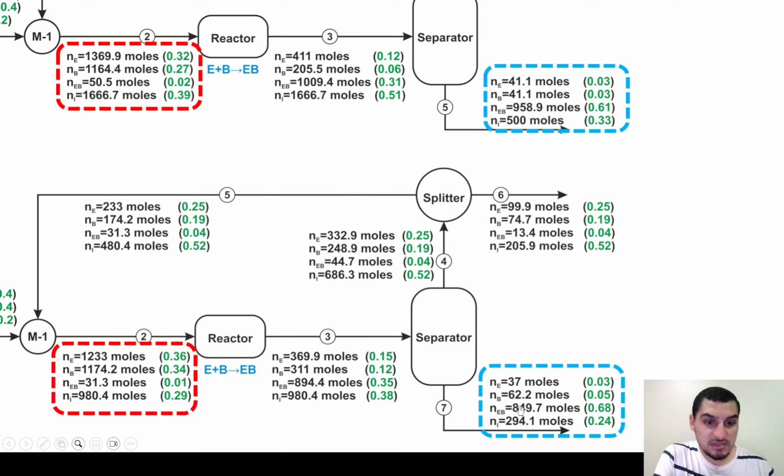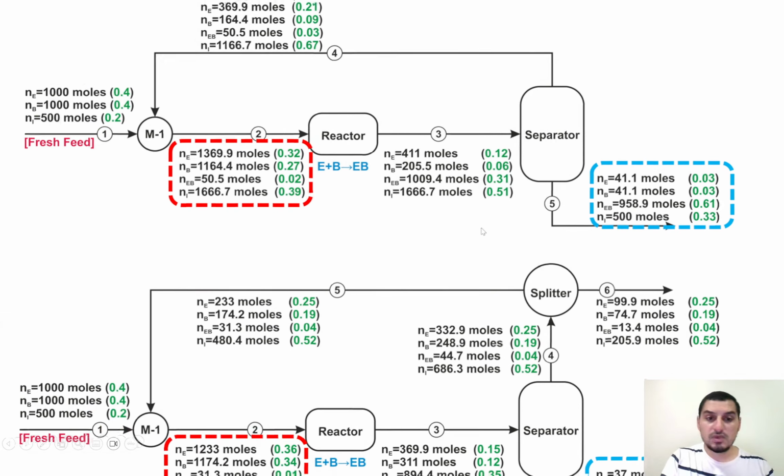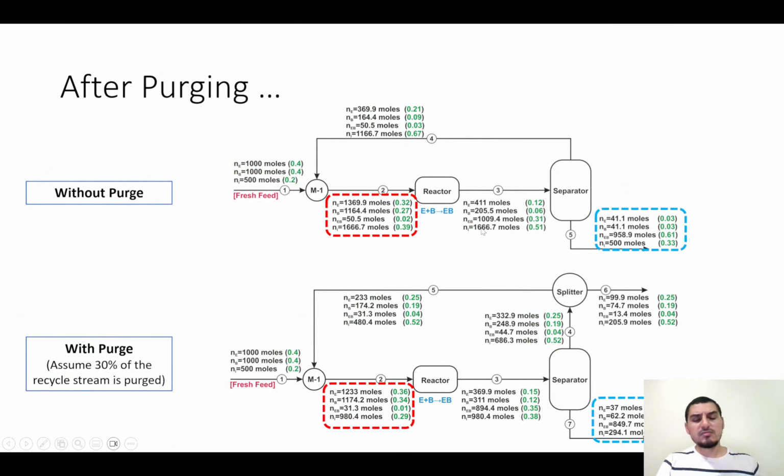I might sacrifice some of the ethyl benzene, but this is going to be much more economical than the case without the purging. So I hope this point is clear, and why we purge part of the recycle stream, and the goal is to minimize the negative effect of the inerts in the recycle stream.